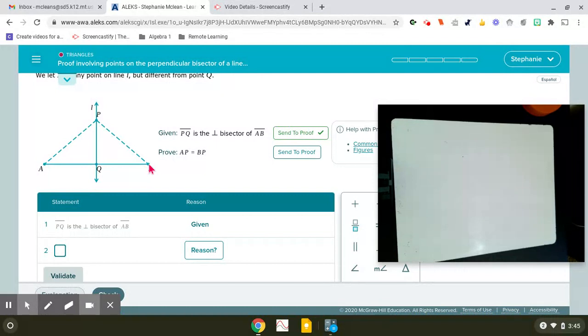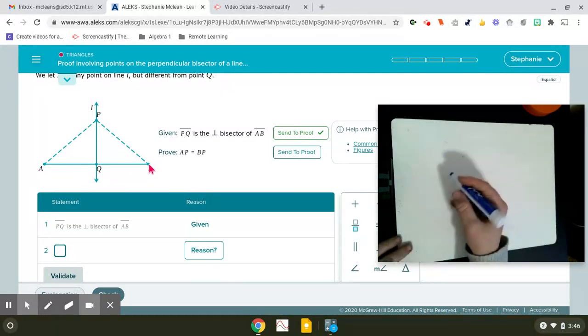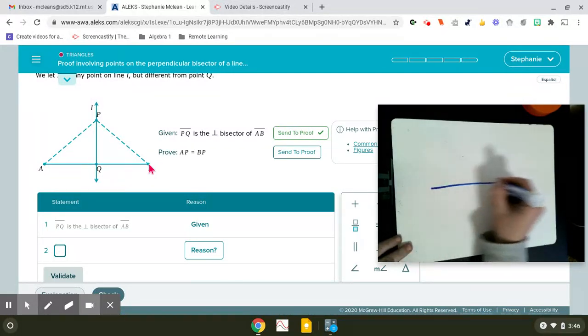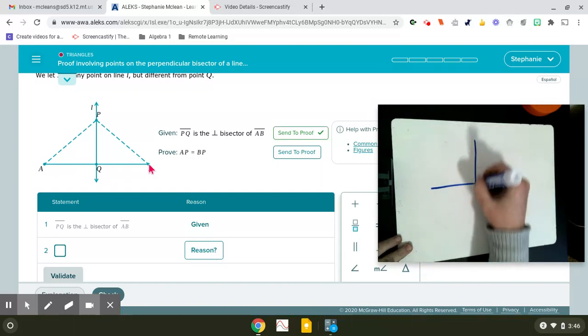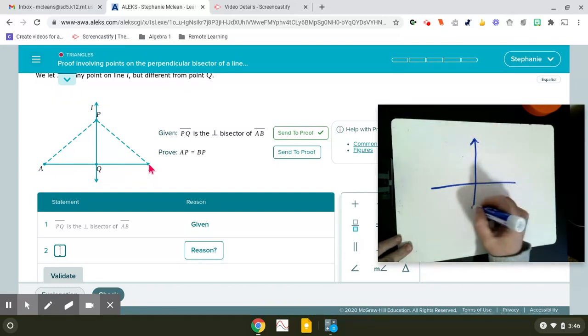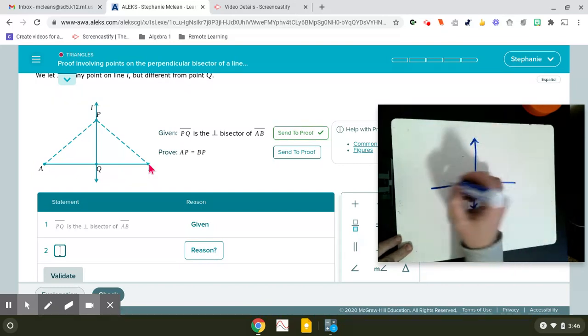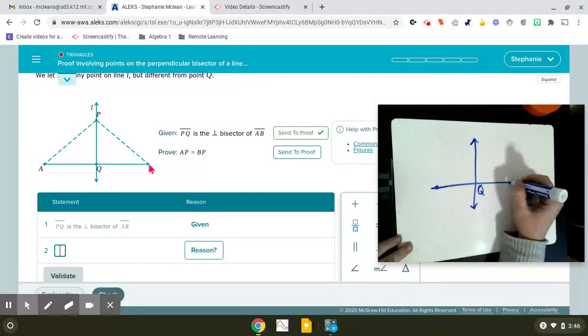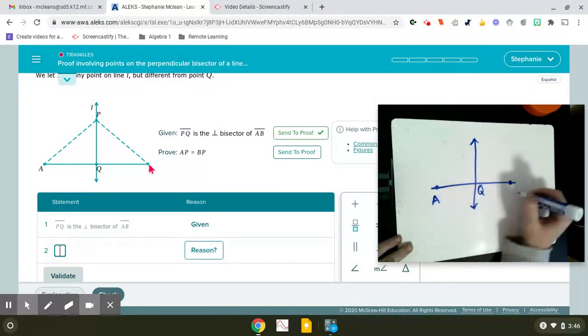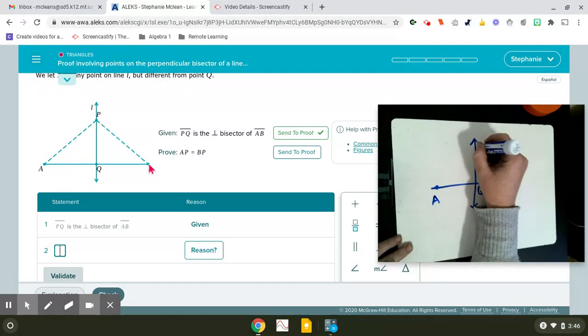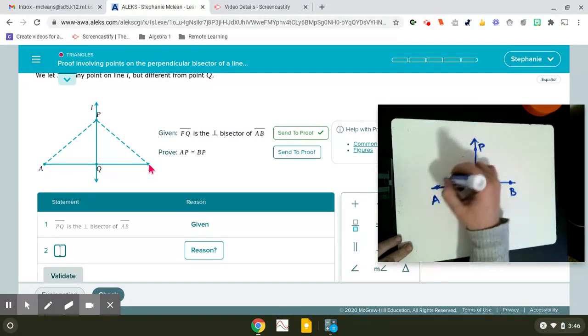Okay, so if I draw this out, here is my line segment, my other one. So Q is here, A and B, and this is P up here.